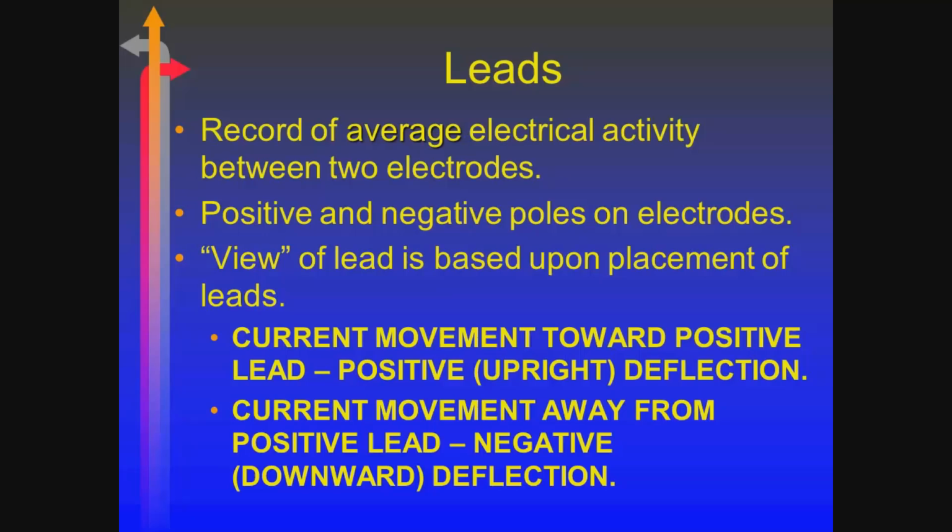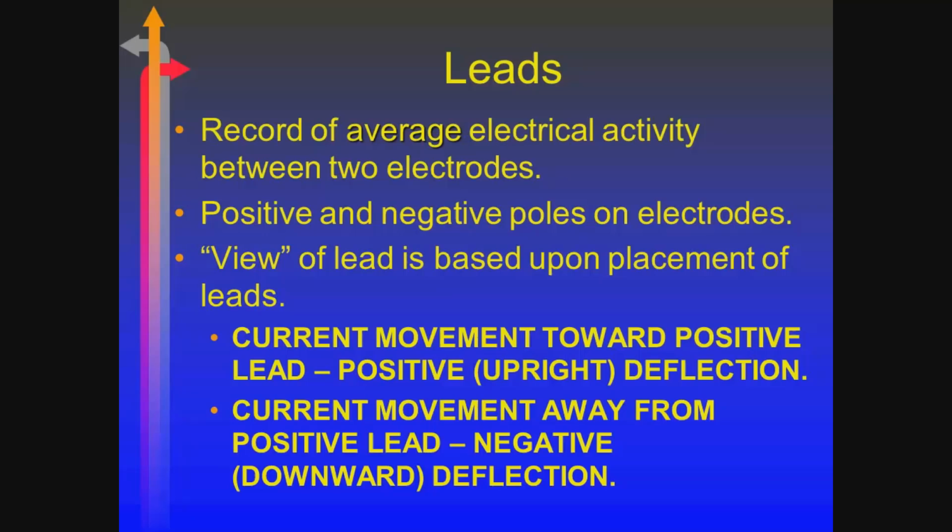The impulse is also moving ever so slightly from the left upper corner of the atrium to the right lower corner of the atrium, so there's a movement from left to right. So any lead that looks in the leftward direction, say lead 1, will have a positive deflection also. Not as big as lead 2, but there will be a positive deflection there.